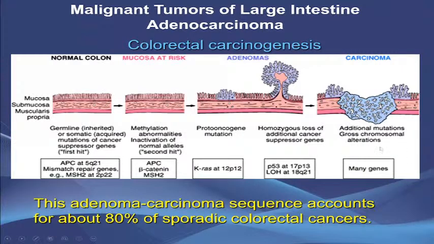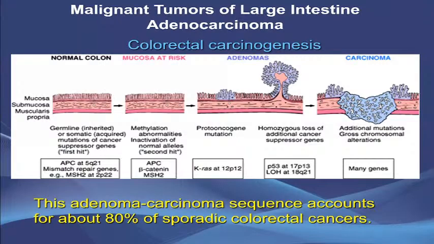And then you have a critical mass of alterations, and finally you end up with invasive carcinoma. So this adenoma carcinoma sequence appears to account for about 80% of sporadic colorectal cancers.